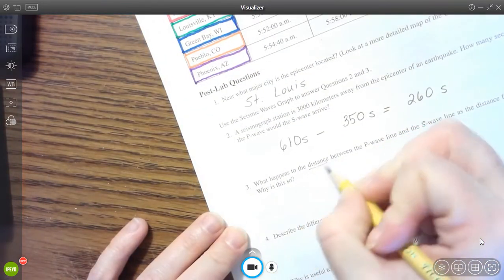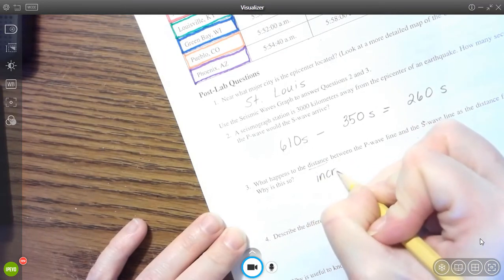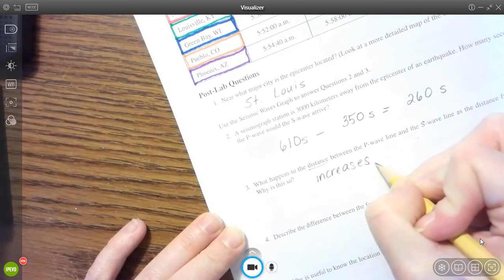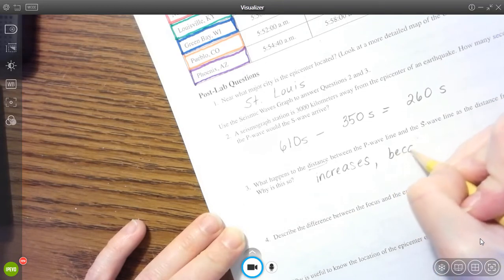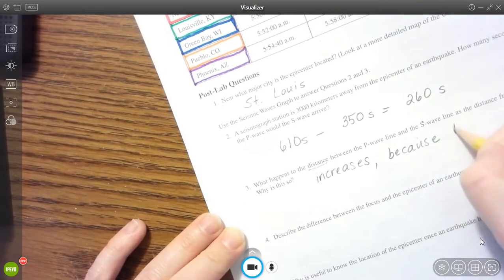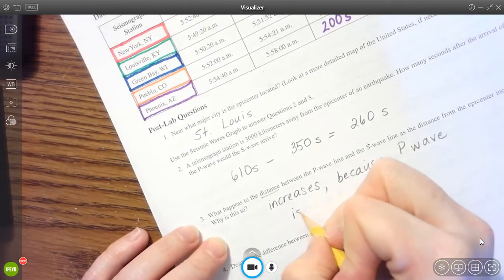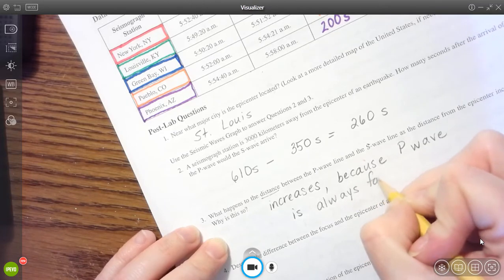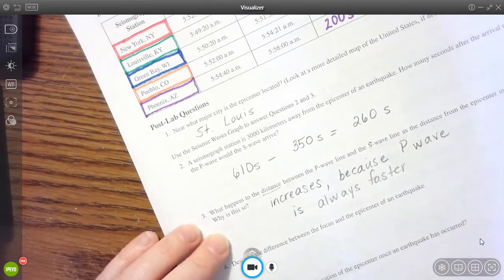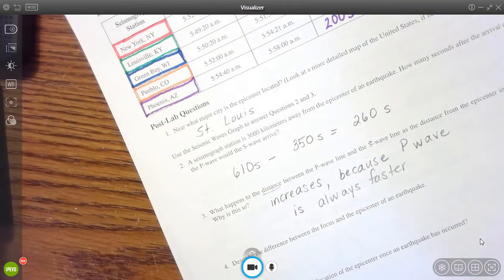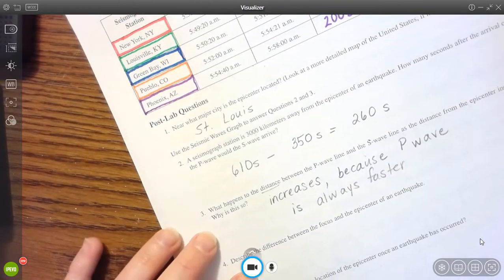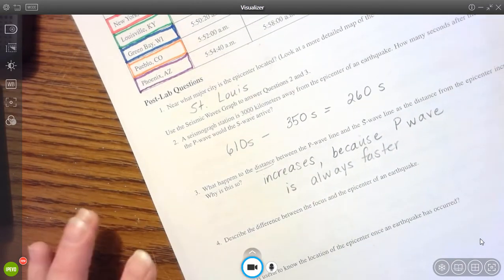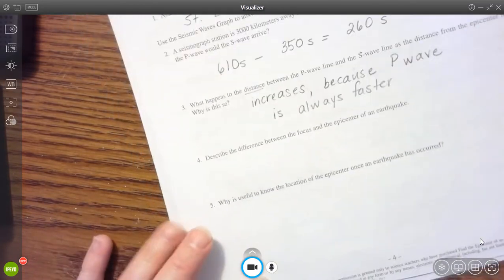So that distance increases, and that is because the P wave is always faster. It moves at a faster speed the whole time. So it's just going to keep going at that same faster speed, and it's going to get further and further away from the S wave.